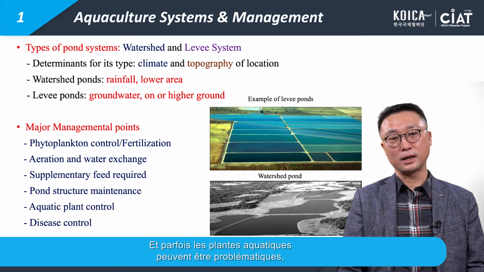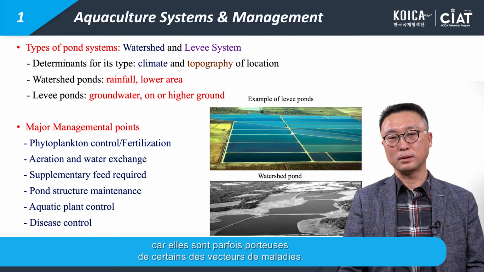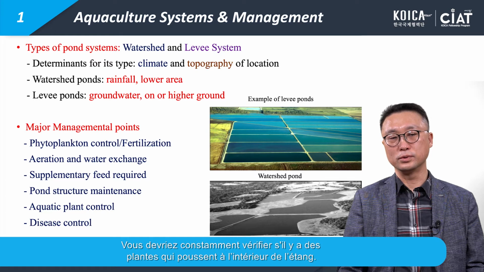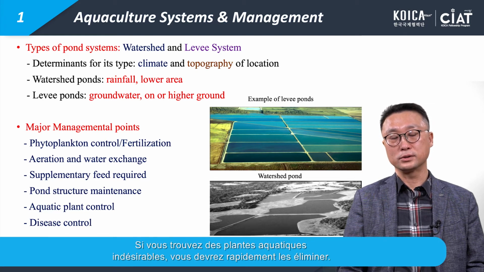And sometimes aquatic plants are a pain in the neck, because they carry some disease vectors, and you will have to check all the time if aquatic plants are growing on the levee or in the middle of the pond. Whenever you find that, you will have to remove those undesirable aquatic plants.